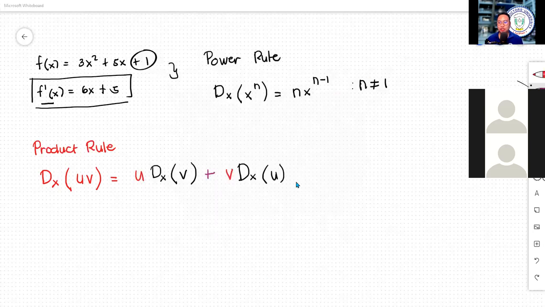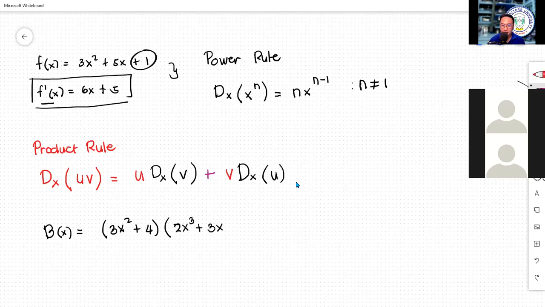Okay, so let's have an example. I'm going to use letter B. Let's say, for example, we have a function b of x equals 3x squared plus 4 times 2x cubed plus 3x.